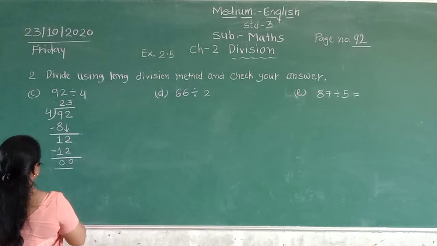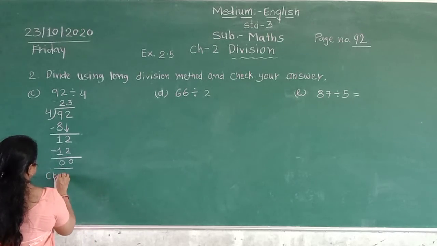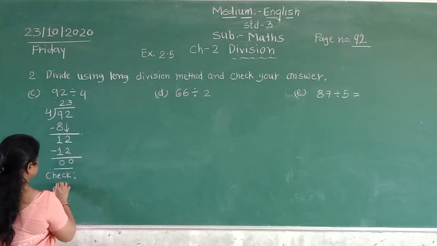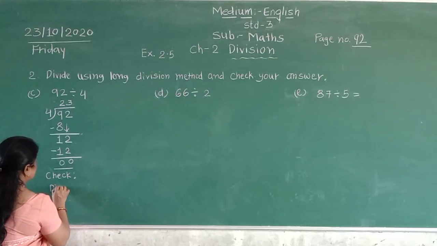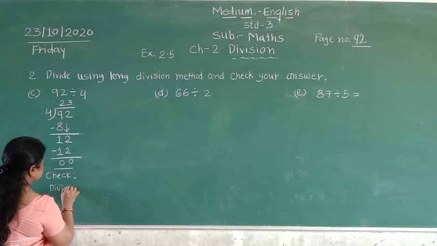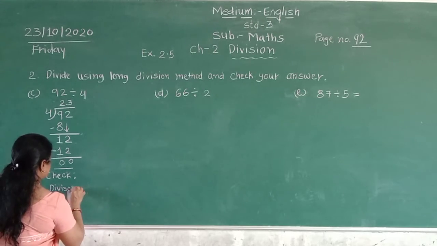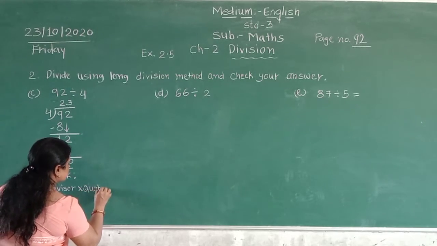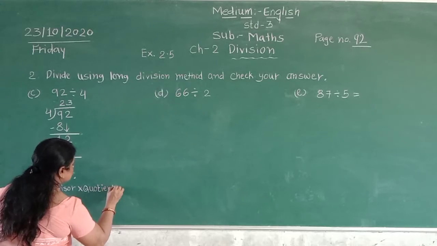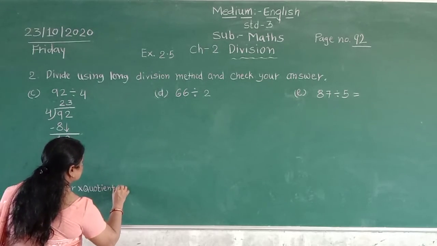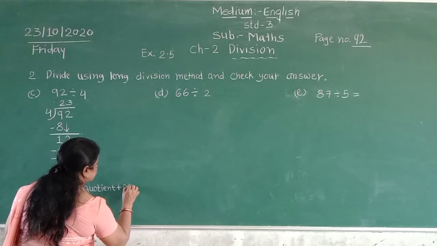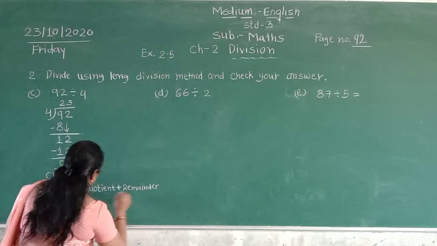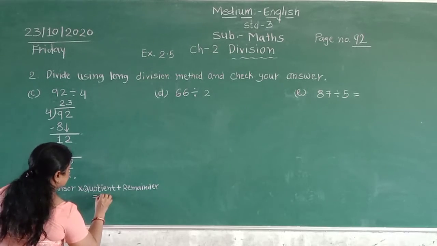Now we check our answer. We write here divisor multiply quotient plus remainder equal dividend.